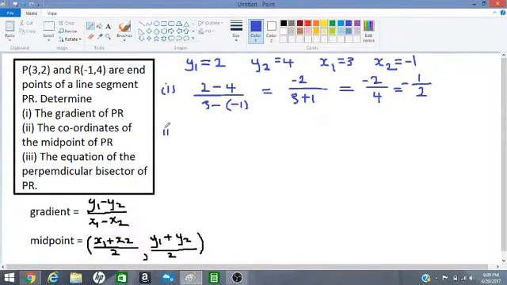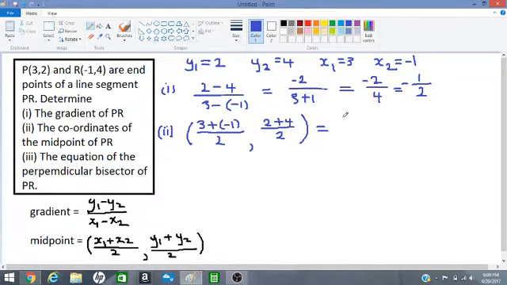Let's move on to number 2. The midpoint, using this formula below for midpoint, let's substitute our values again. x1 is 3, x2 is -1. So we have 3 plus -1 all over 2, comma, y1 is 2, y2 is 4, put that over 2.